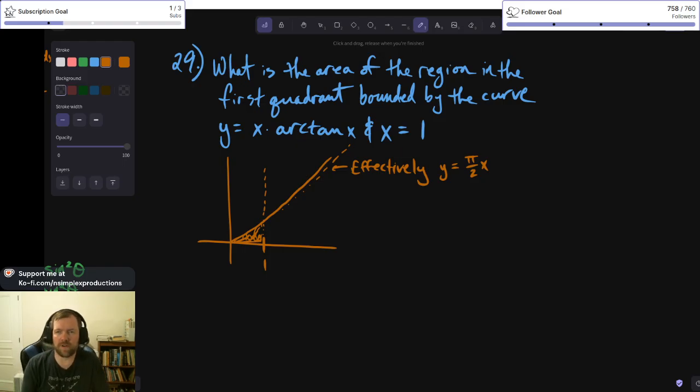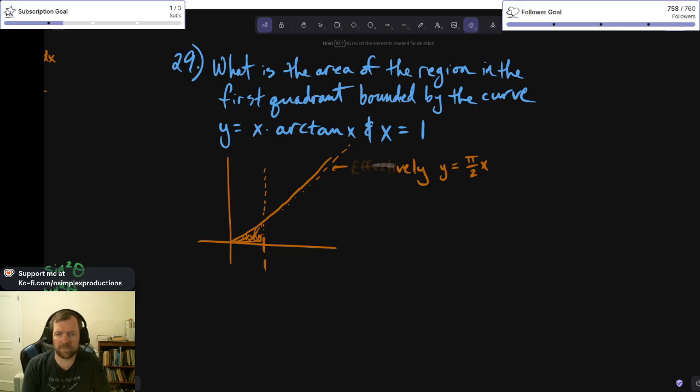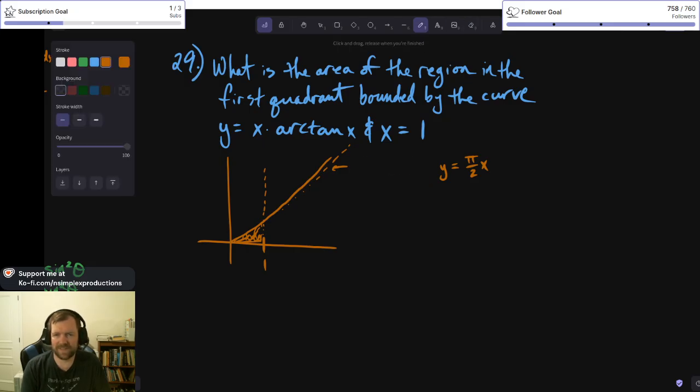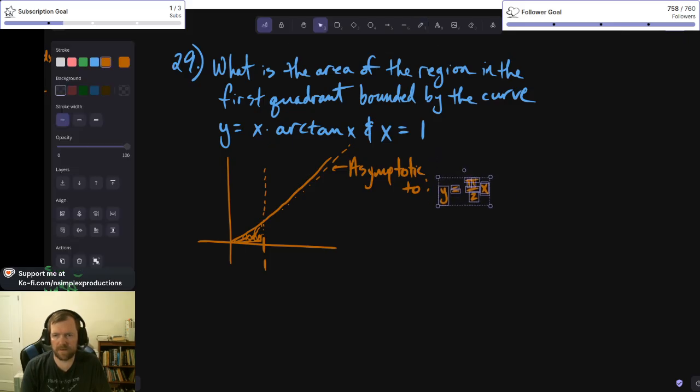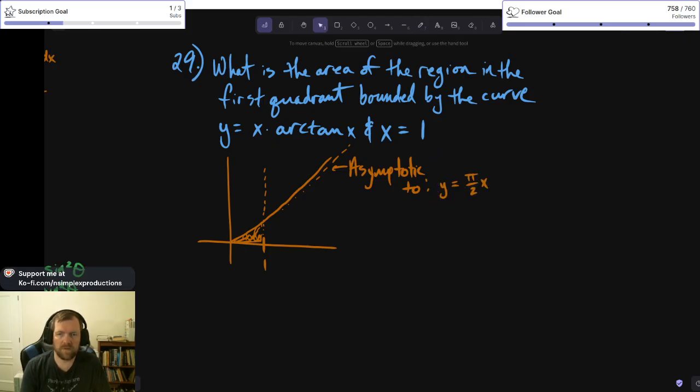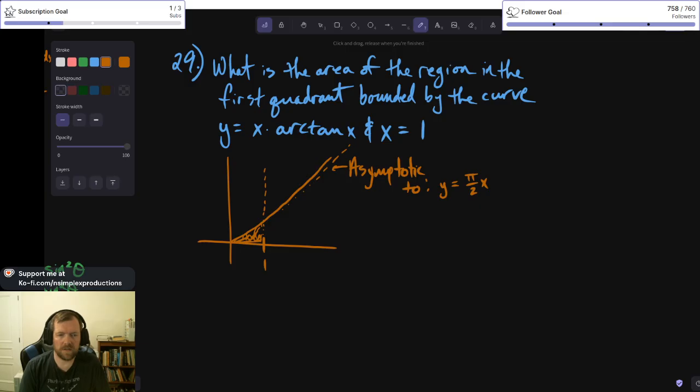And yeah, rather than effectively, you can just make it asymptotic. Woo. So actually, that means it's going to come from under it, right? Yeah.